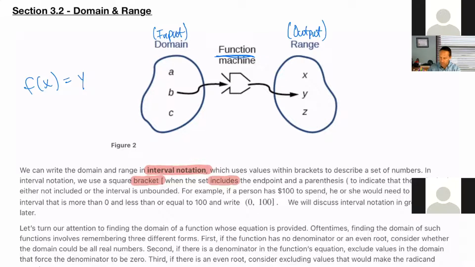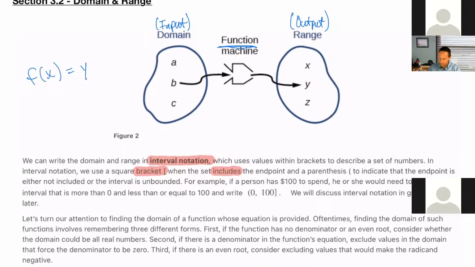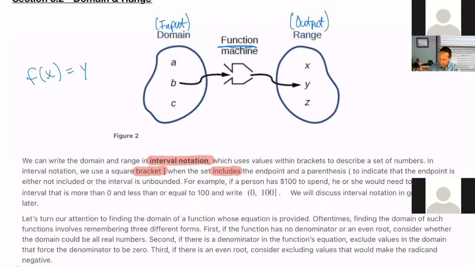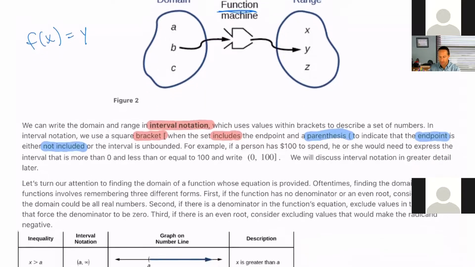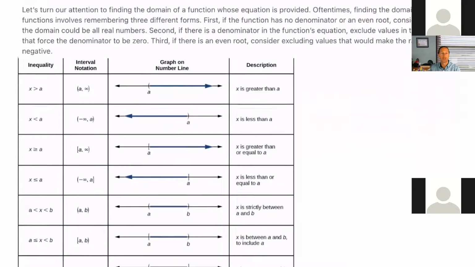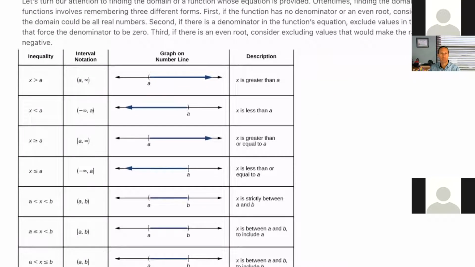And when there was a parenthesis involved, then it was like an endpoint where it was not included. Right? So they give you a little example there. You guys can see that, but hopefully remember all the different variations of this because there's a lot of them.